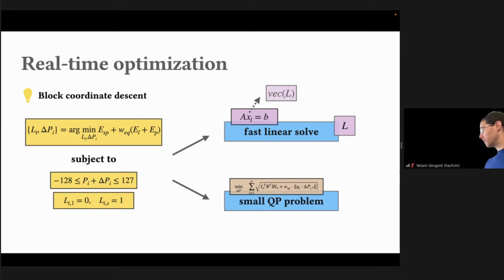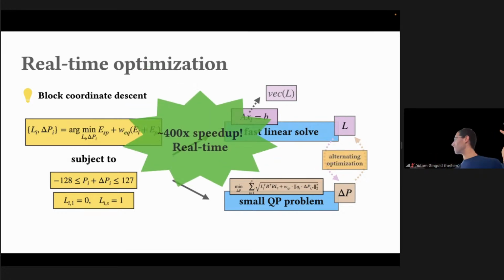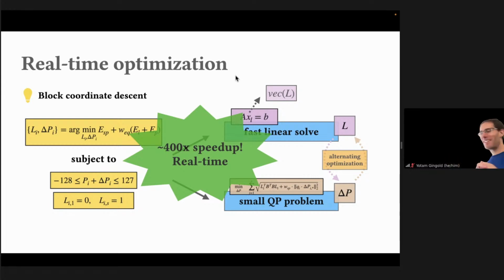And then if we just look at the colors, there's not very many palette colors, and there's not many degrees of freedom there, just AB for a small number of palette colors. So that becomes a small QP problem, a quadratic energy with linear constraints. And by alternating, solving one and then minimizing the other, and fixing them, we end up with something that runs very fast. 400 times faster, runs in real time, everybody's happy.